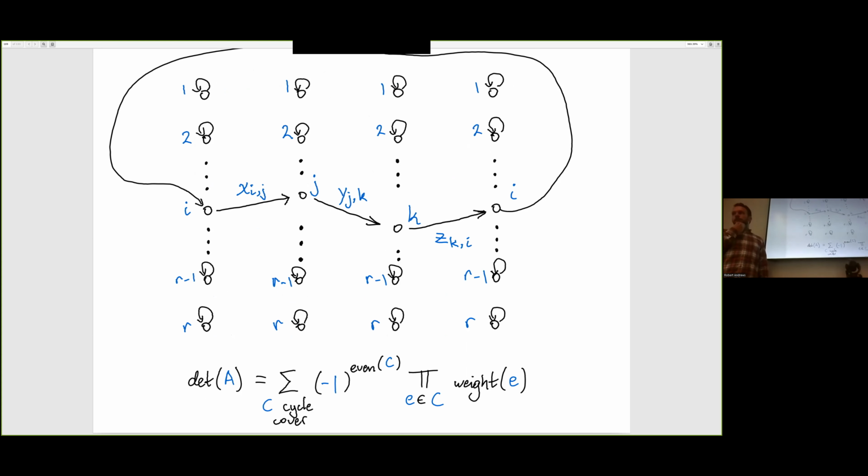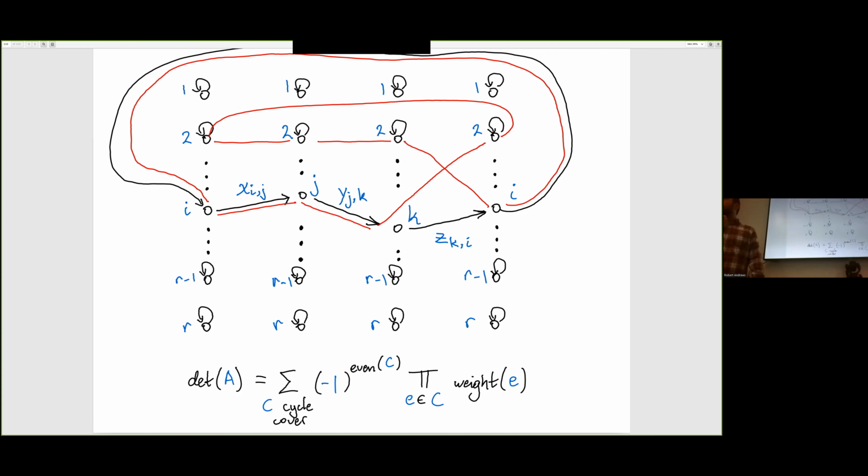Now I finally get it. These are the good ones. You want to isolate the good ones from the entire set of cycle covers, of which there could be others that are clearly invalid.